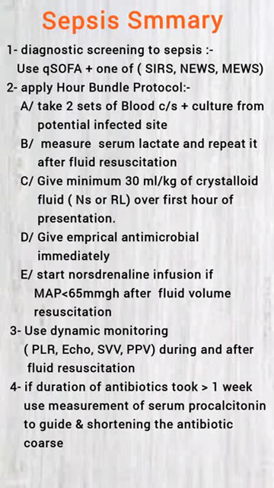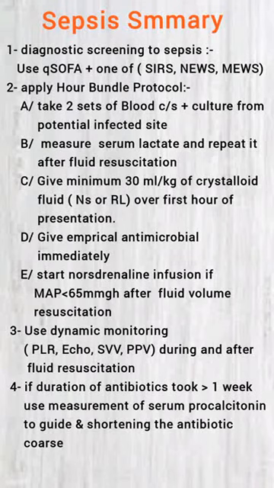Also start noradrenaline infusion if mean arterial pressure is less than 65 mmHg after fluid volume resuscitation. Number 3, use dynamic monitoring like passive leg raising test or echo, or other invasive parameters such as stroke volume variation or pulse pressure variation during and after fluid resuscitation.